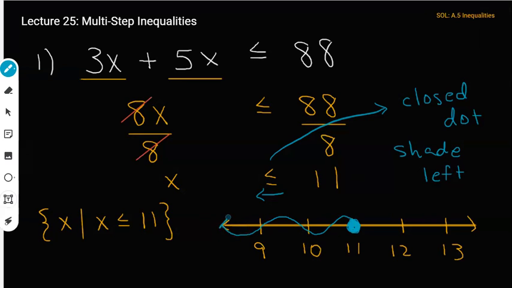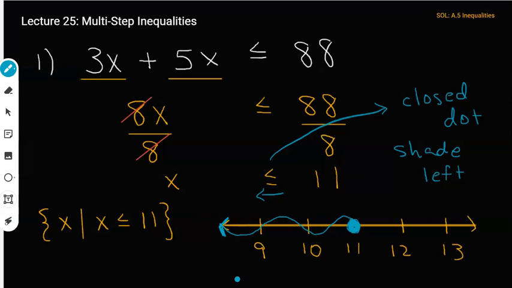So then I shade to the left. So that way I can pick up all the numbers that are less than 11, but also equal to 11. So that's why I shade in that dot on the number line.